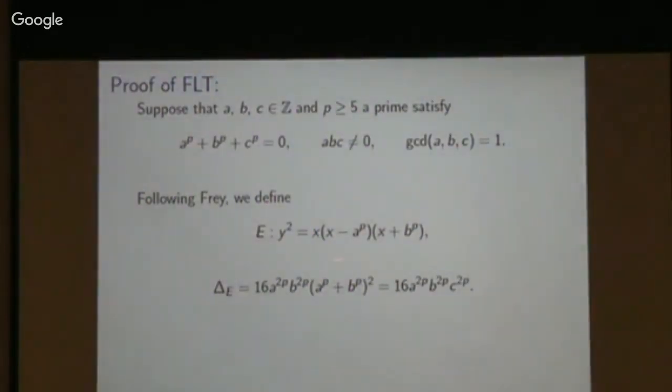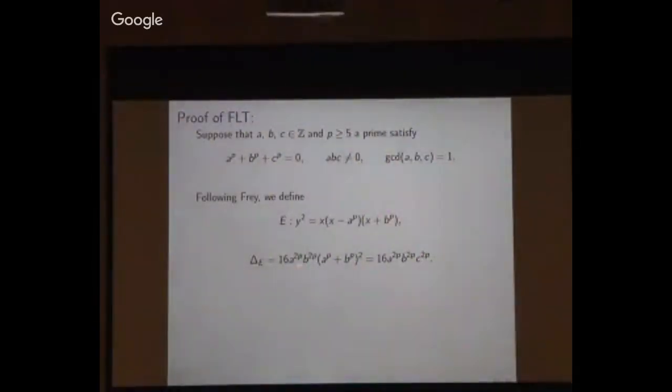This discriminant is this number. And at this equality here, we use the fact that we are assuming that A, B, and C satisfy the equation. So here's where all the magic is taking place. Suddenly, the discriminant became a pth power. Everything that depends on the solution shows up to a pth power.